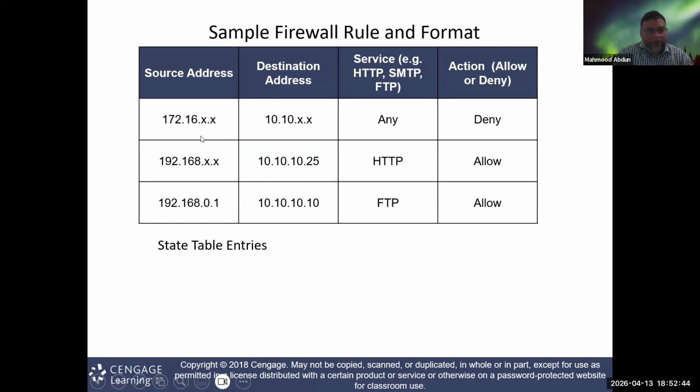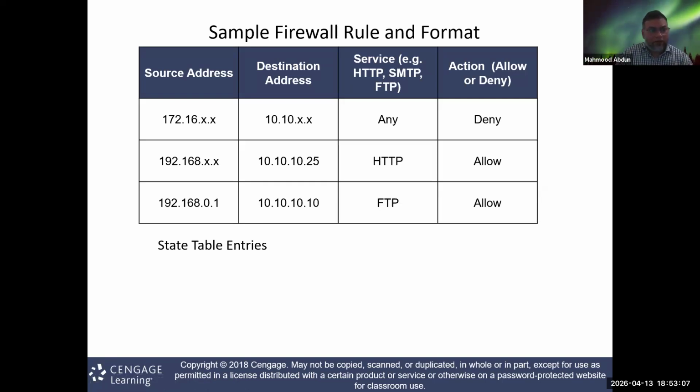So normally IP addresses have 4 placeholders, or 4 octets. An octet is 8 bits, and those 8 binary bits translate to 256 different values. So you can have 0 to 255 different values here. For each of these, when it is XX, it means any of these values are applicable.